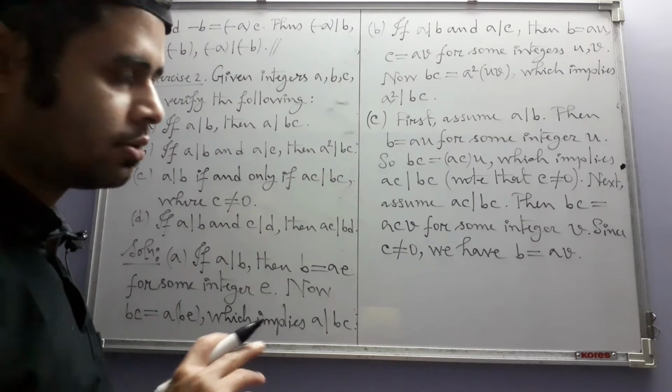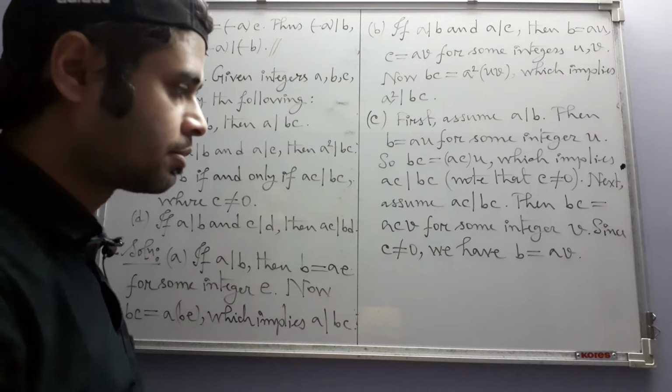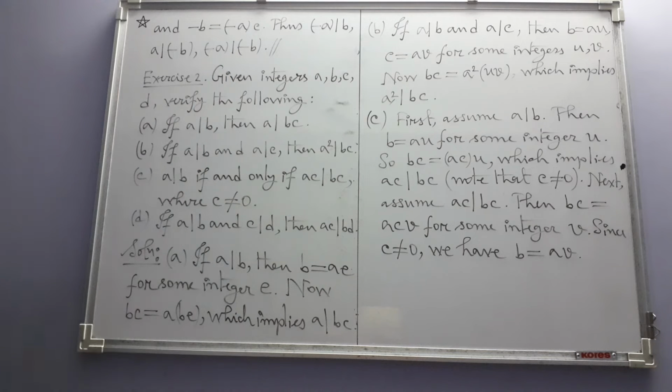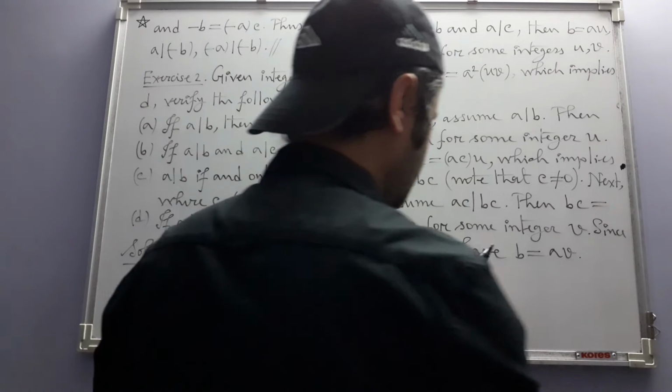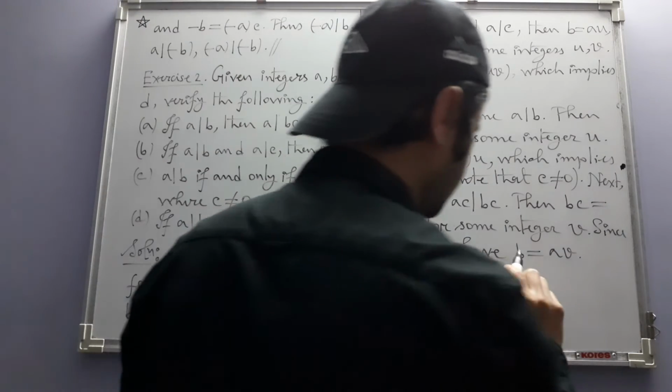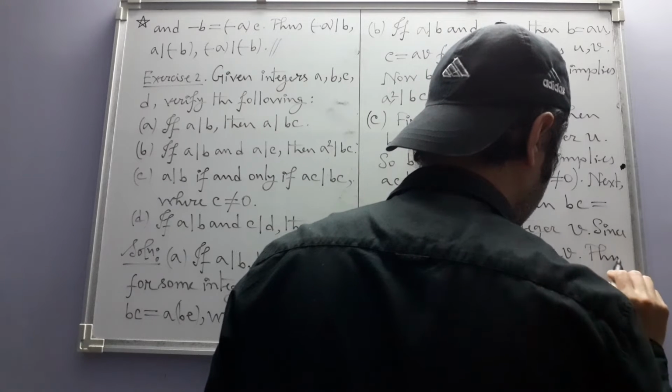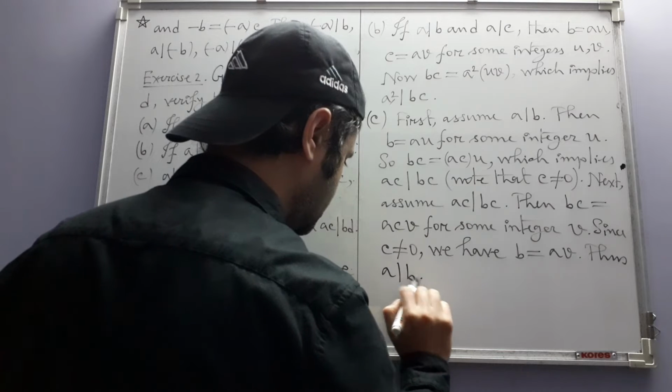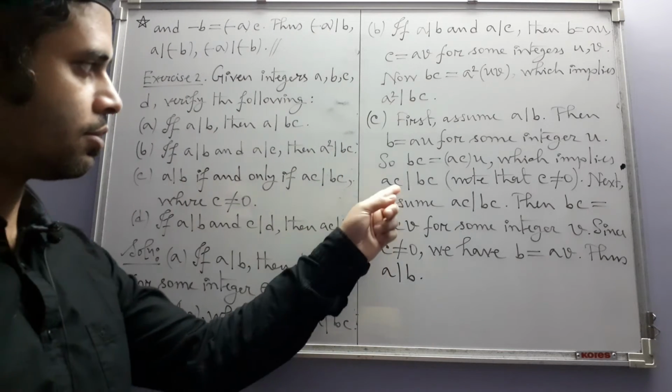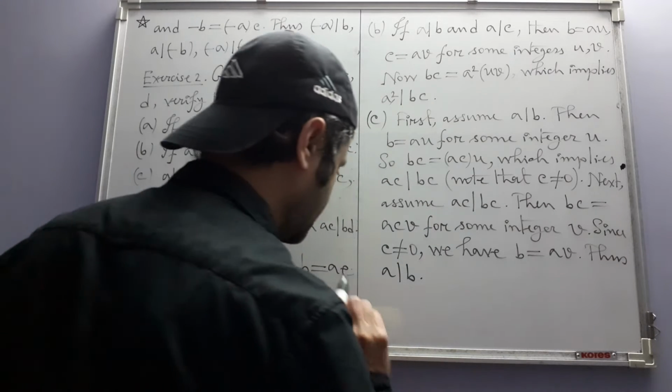Now because A is also non-zero, from this equation we can write A divides B. So A divides B if and only if AC divides BC, where C is non-zero. So that is part C.